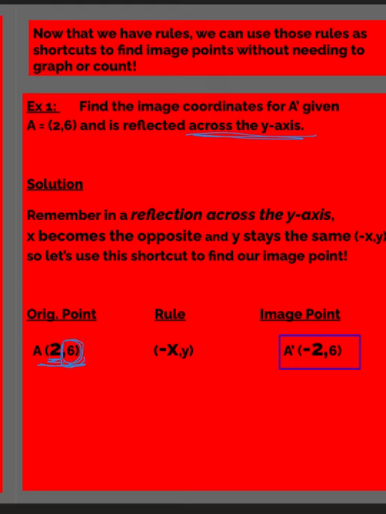The x becomes the opposite because we're reflecting over the y-axis. So if the original y was 6, the image point is going to stay at 6 for the y, and the x coordinate was a 2, it's going to become the opposite, -2.